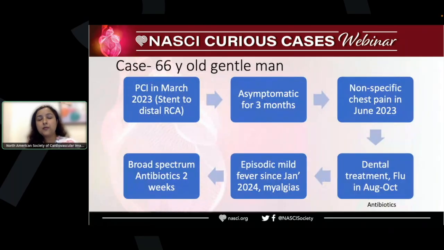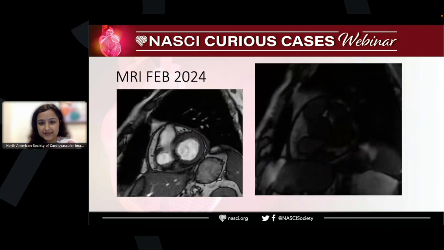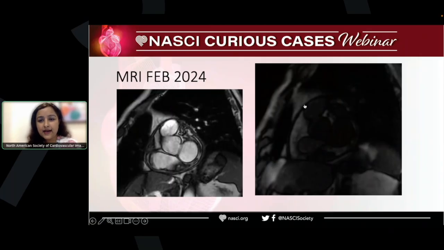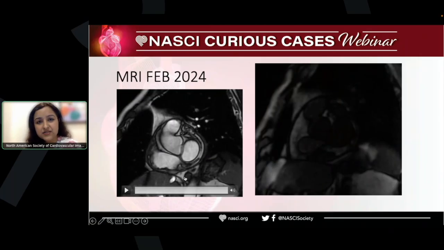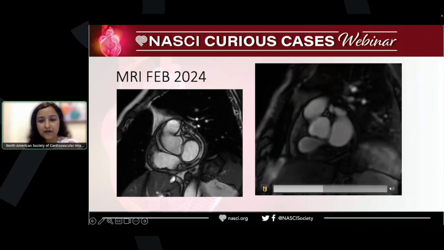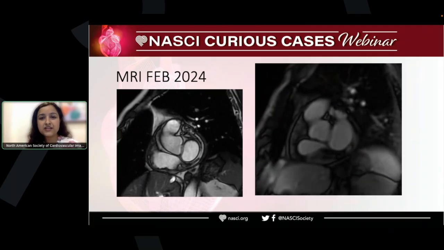So probably the infective markers were negative, but we considered that the patient might be having peristent infection. So the patient was treated with broad spectrum antibiotics for 2 weeks. After 2 weeks, there wasn't much significant response clinically, and an MRI was requested by the cardiologist to have a look at what is happening. Maybe some sort of tissue characterization could be done.